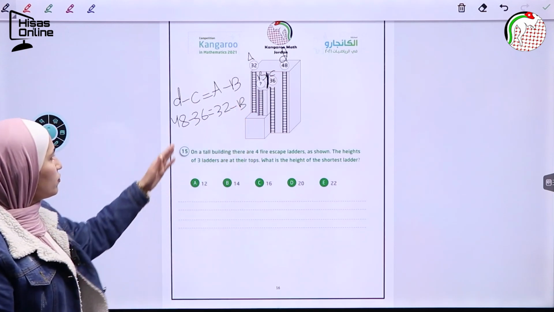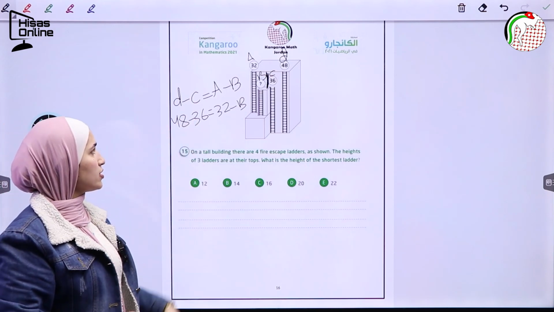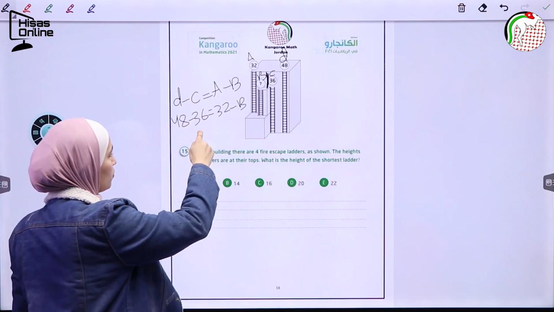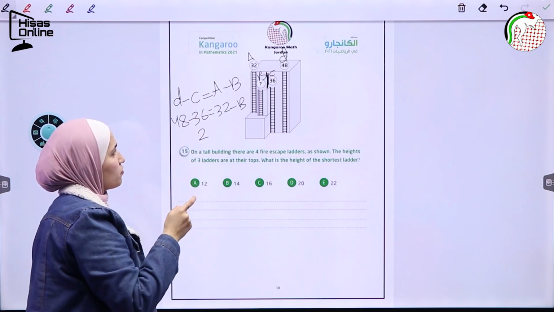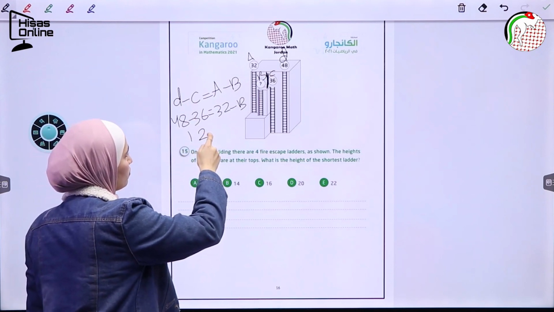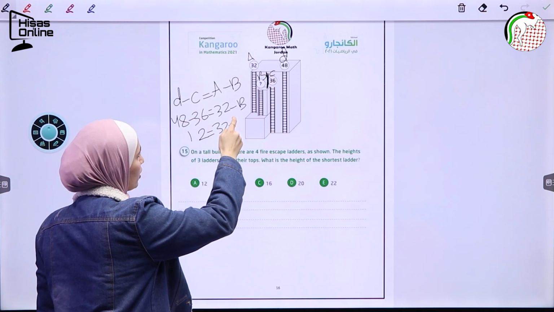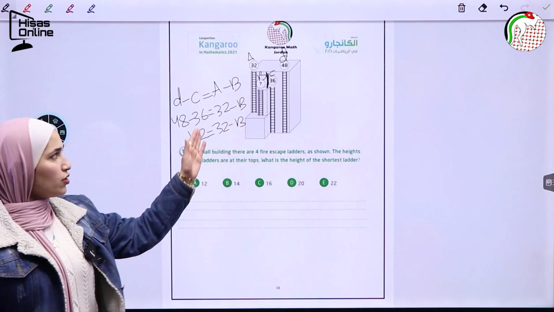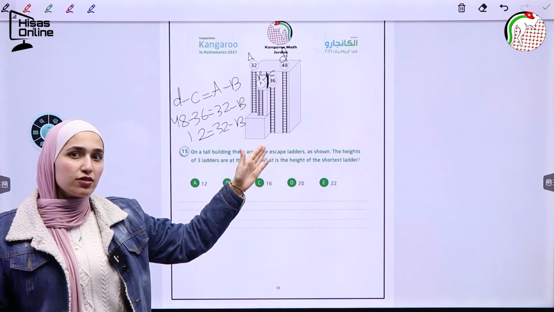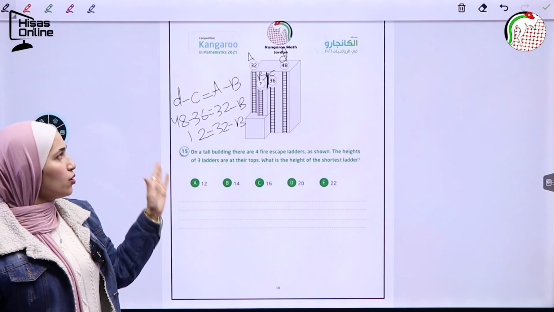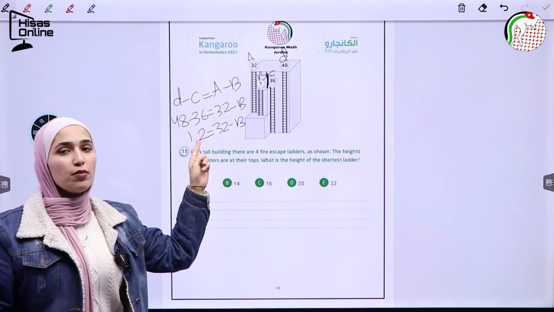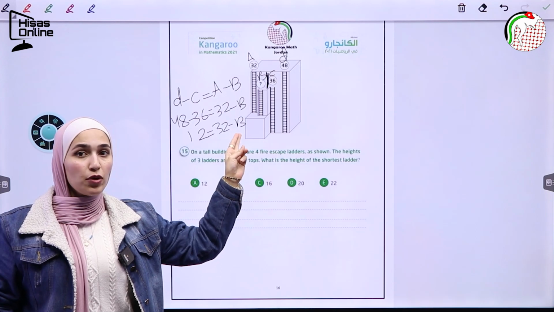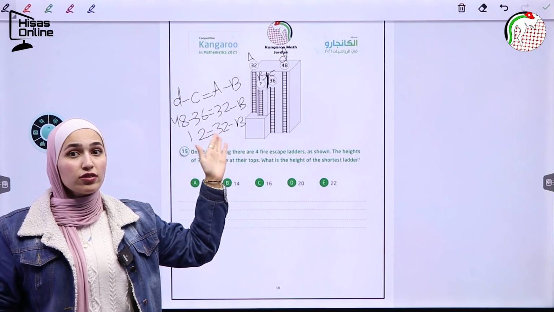Now let's start. 48 minus 36. So 8 minus 6, 2. And 4 minus 3, 1. 12 equals 32 minus B. So 32 minus what equals 12? Or you can subtract 12 from 32 to find the other part of 32.